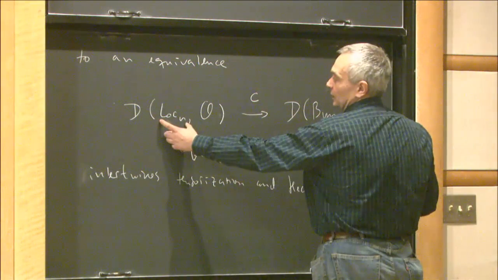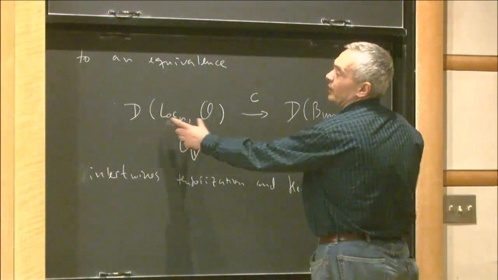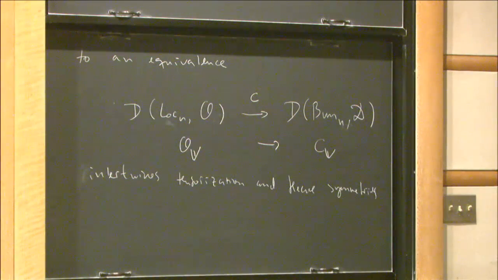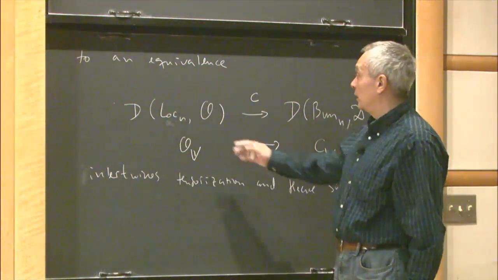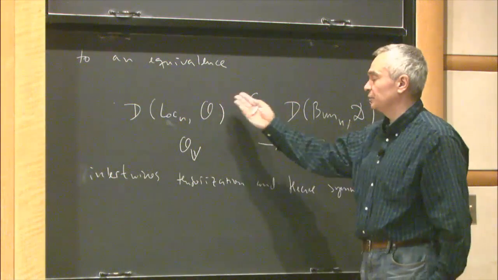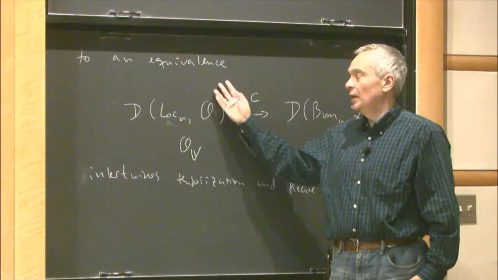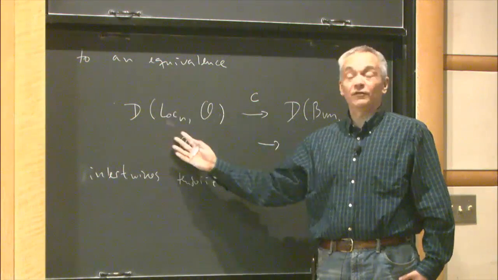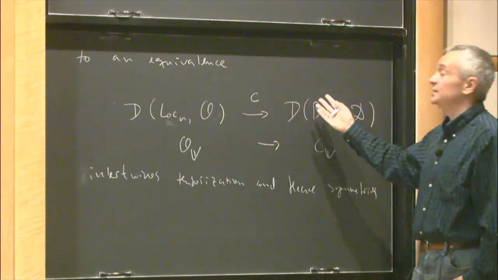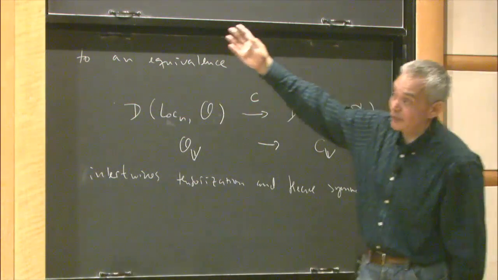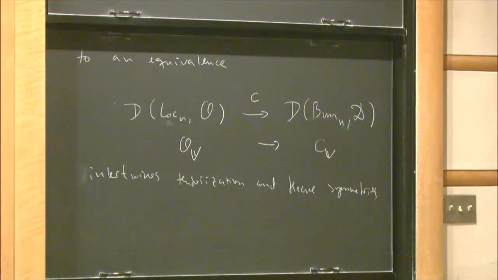And the point is that the moduli of flat bundles and the moduli of Higgs bundles are hyperkähler rotations of each other. They're in the same twistor family. They're two fibers of the same twistor family. So what this is supposed to say is that the derived category of all modules on the moduli of flat bundles is the same as the Fukaya category of the moduli of Higgs bundles, which is homological mirror symmetry.